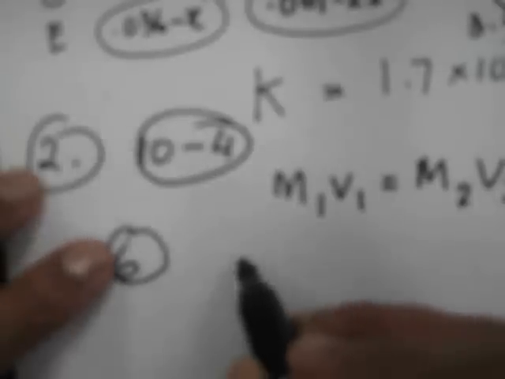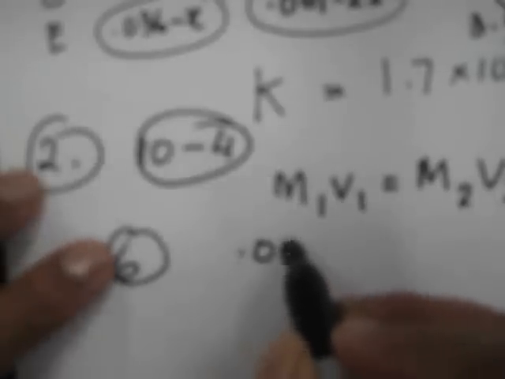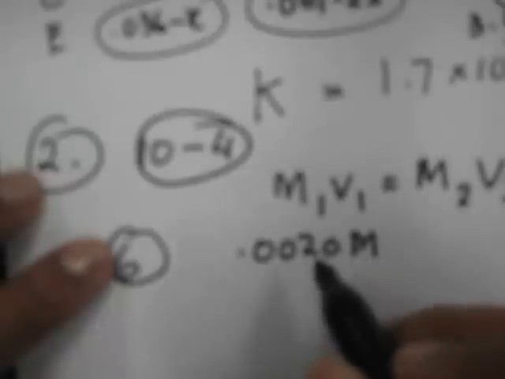You are using 0.0020 molar ferric nitrate, and the nitrate ion is not in the reaction at all because it's a spectator ion. So this is the same as the ferric ion concentration. This is the initial molarity, and in test tube number 1 you are using 3 milliliters.